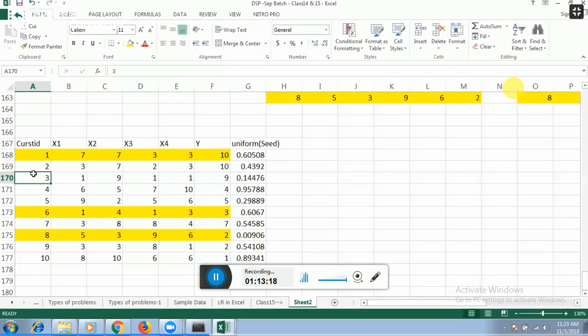You will get the exact results. You can take any value for the seed. The only thing is, whenever you want to repeat the same sample, you need to use the same seed. Suppose today I've given 1, 2, 3 and tomorrow I give 1, 2, 4, you may get a different sample because the seed has changed.